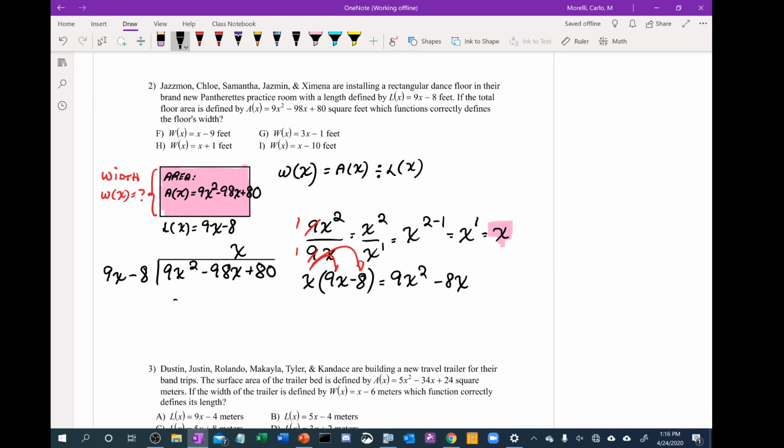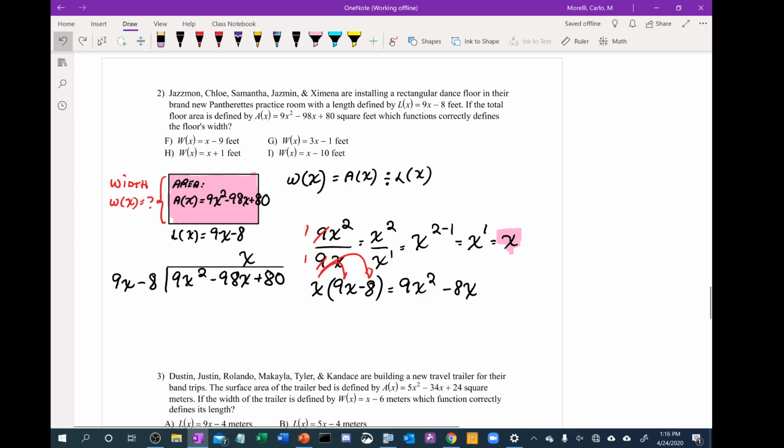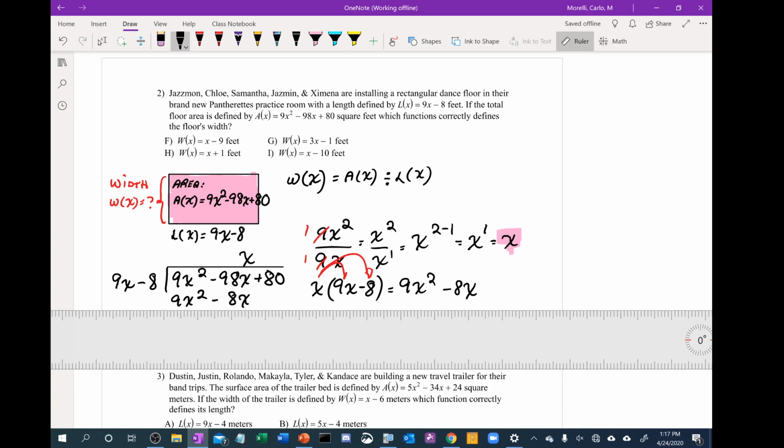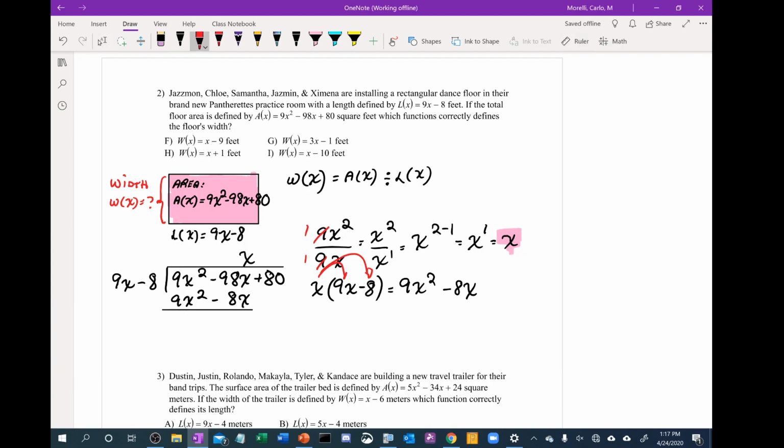So we're going to write 9x squared minus 8x under its matching component in the dividend section. And then we're going to draw a line and change both signs. These terms cancel. The second set doesn't cancel. Negative 98x plus 8x gives negative 90x.